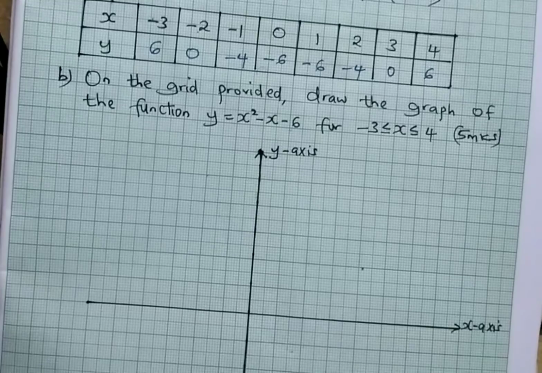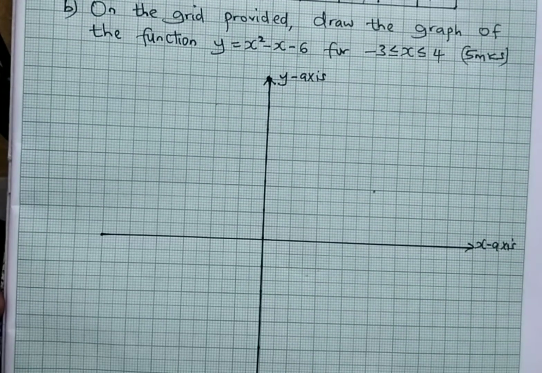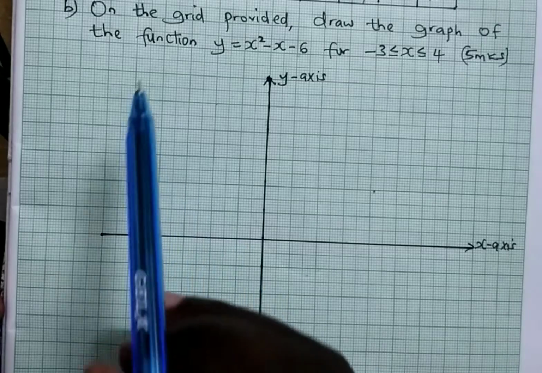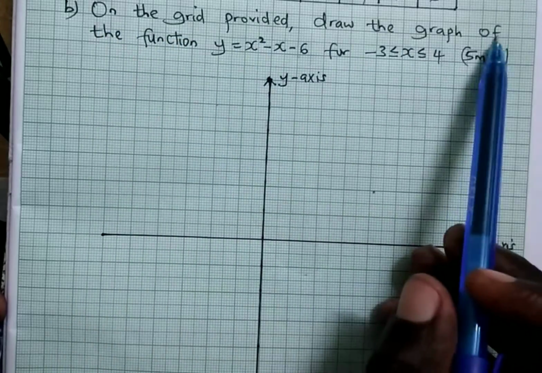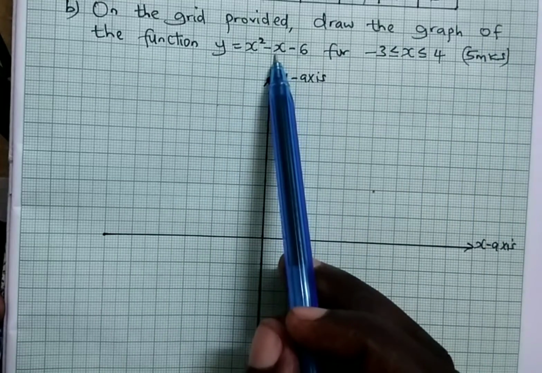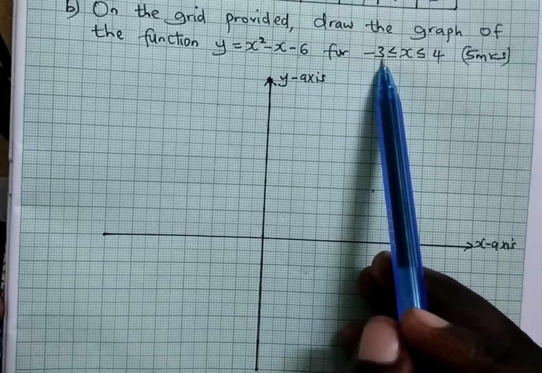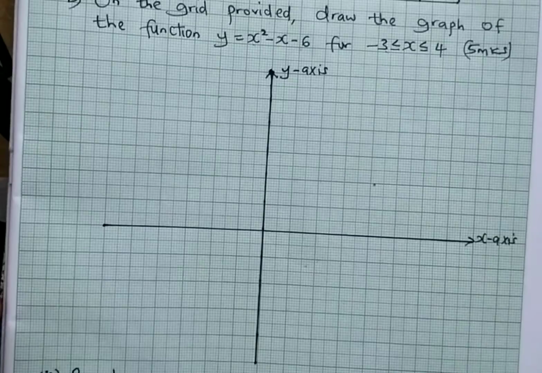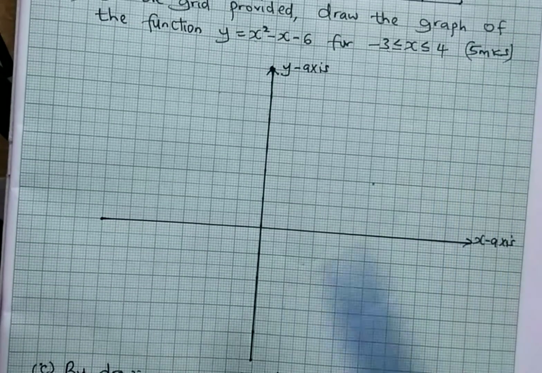Having completed the table, now we move down and work on part B. Part B of the question says, on the grid provided, draw the graph of the function y = x² - x - 6 for the range of values of x between -3 and +4, for us to get those 5 marks.